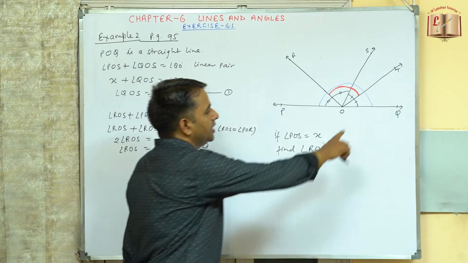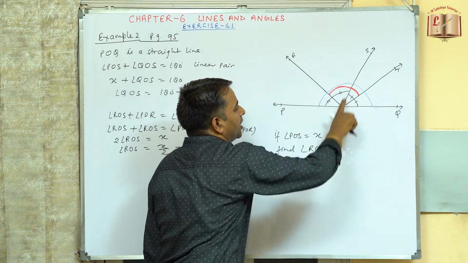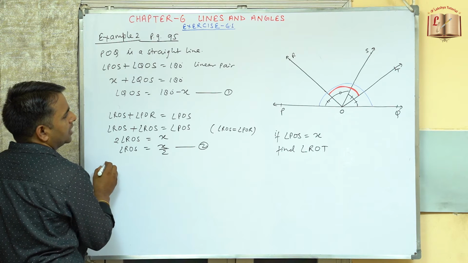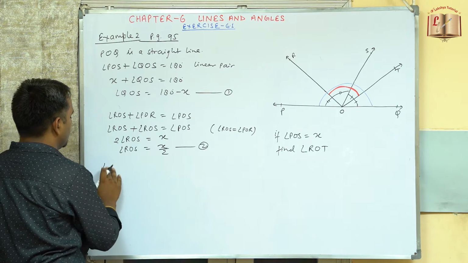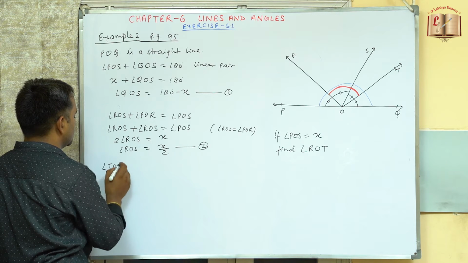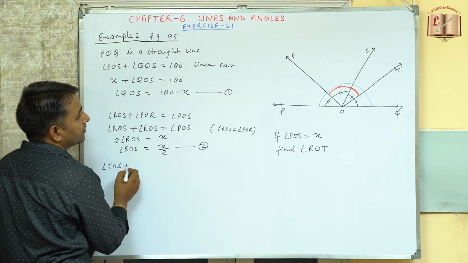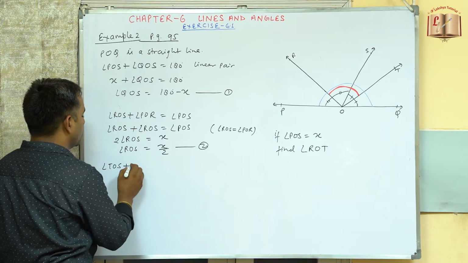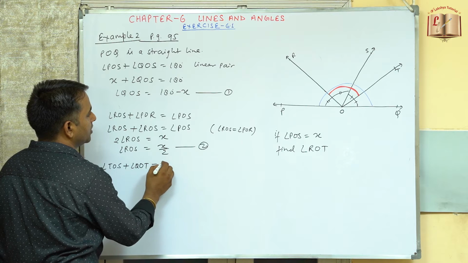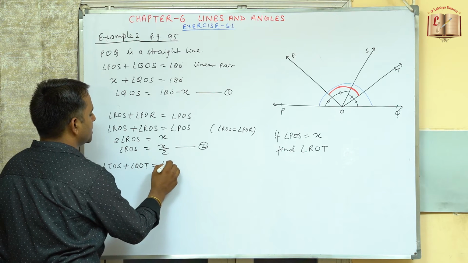Similarly for here, this plus this will be the complete angle QOS. So now we can write angle TOS plus angle QOT will be equal to angle QOS.